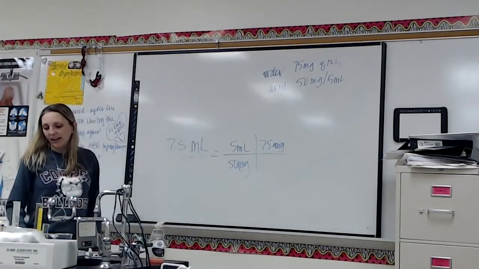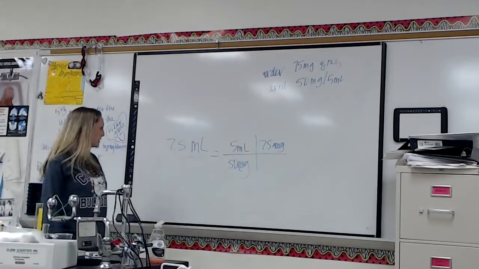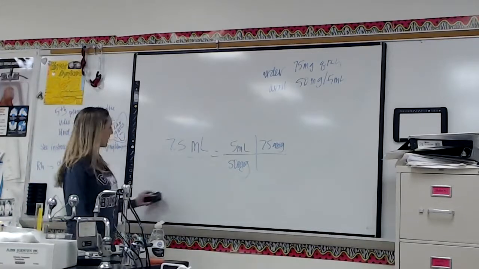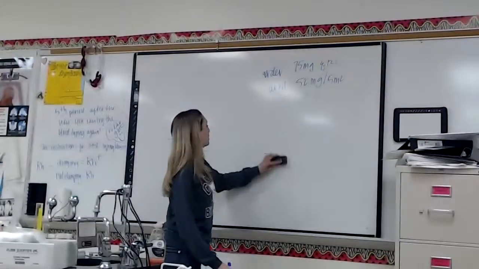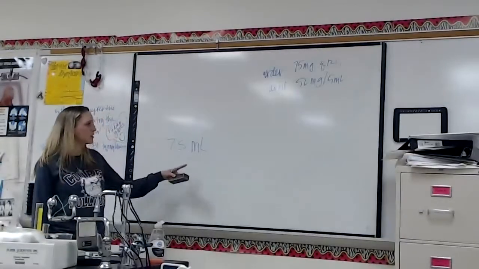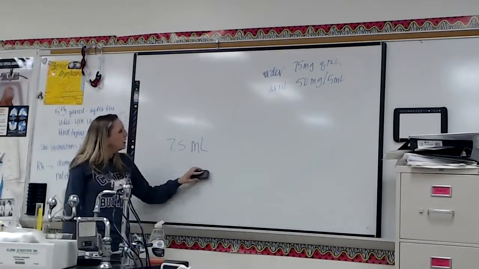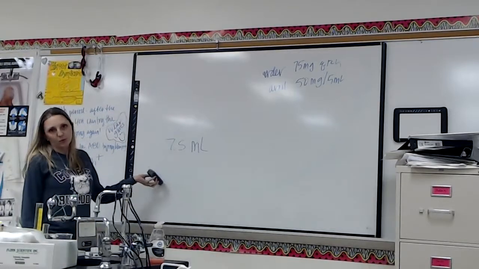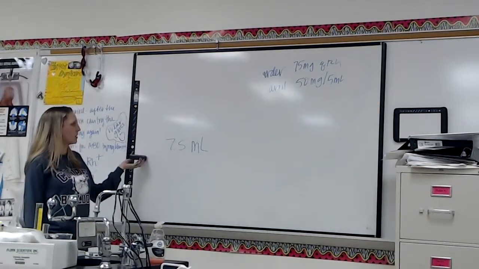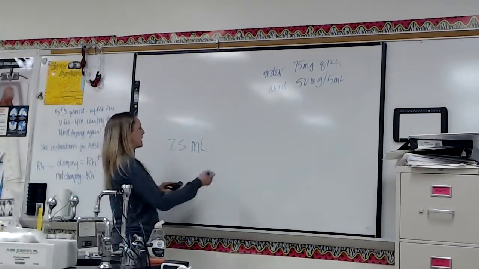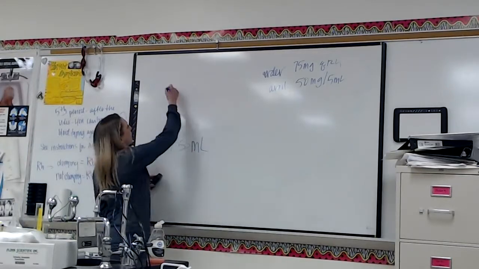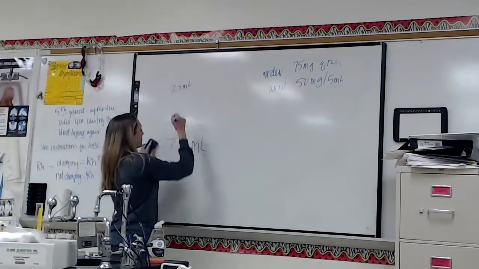And then to give that in household measurements, let's think that through for a second. We want to change 7.5 milliliters into teaspoons this time because we know it's smaller. We could do half a tablespoon because we know that was 15, or we can convert it into teaspoons. So 7.5 milliliters is the info I have.